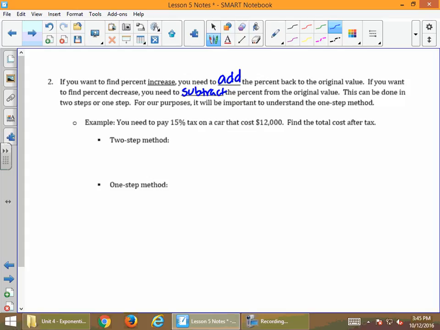Well, the 2-step method would be, and some of you might be thinking this, just take 15% of 12,000 and add it back in. Just like the last one, 15 divided by 100 gives you 0.15. Or again, just move that decimal point over 2 places and you get 0.15, times 12,000.